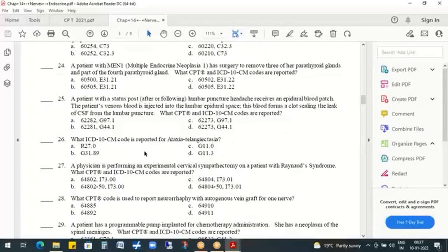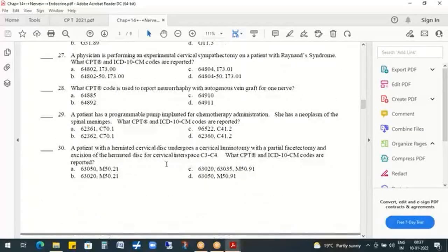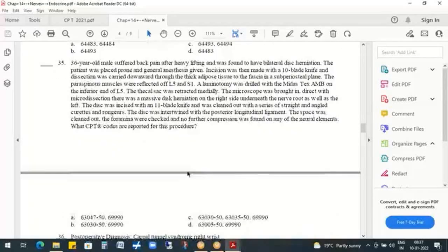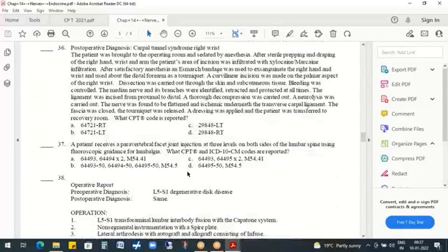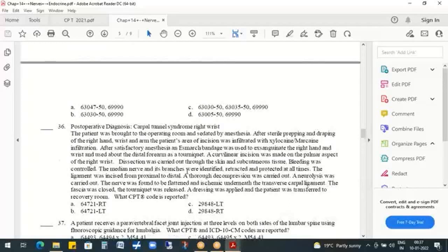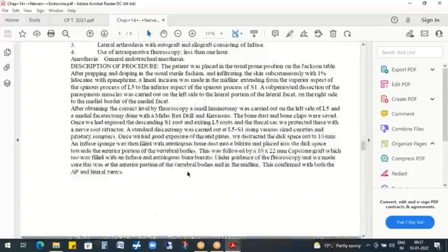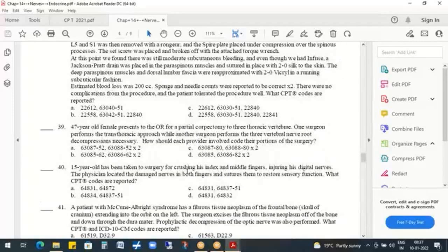Take the question numbers: 24, 30, 36, 37, 39. These questions, practice at home.